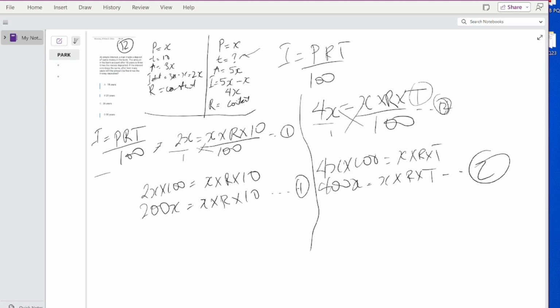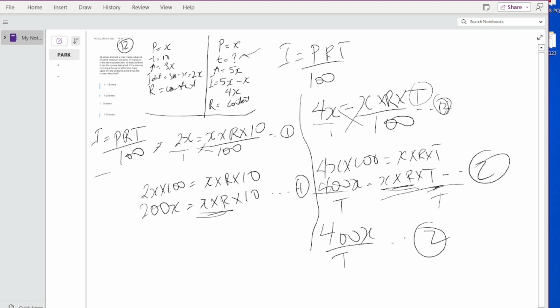On both equations, since we're looking for t, we can see both of them have x times r. So we try to make x times r the subject of the formula for both sides. Divide both sides by t. We have 400x over t on this side, still on equation 2, and on the other side we have 200x over 10 equals x times r.